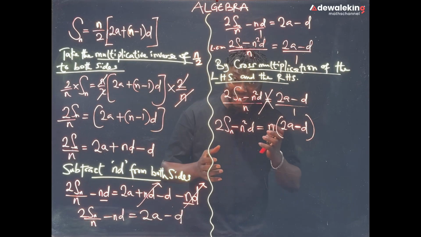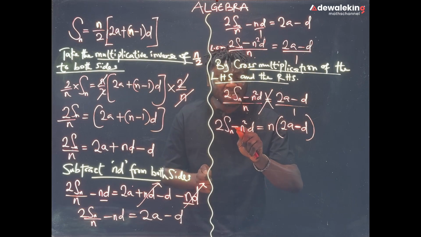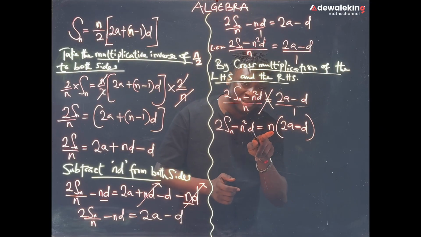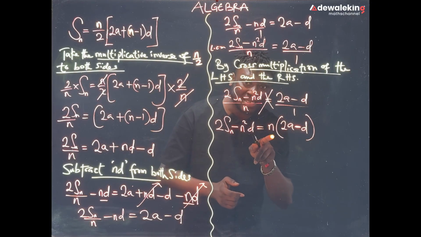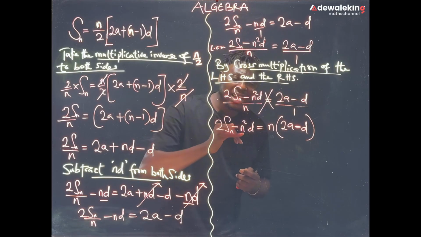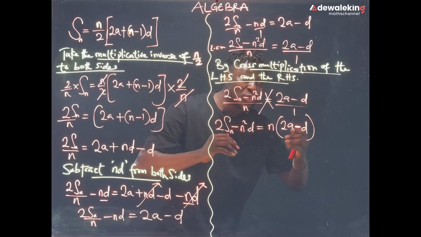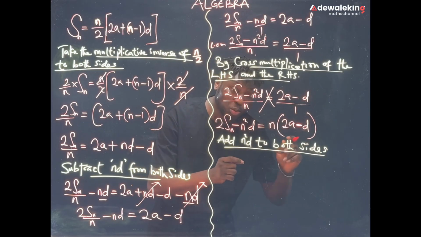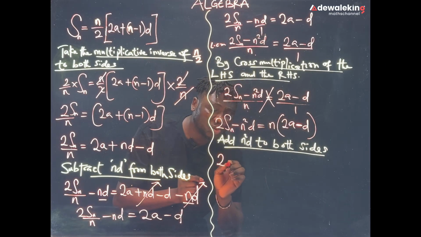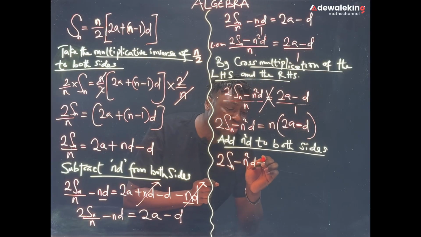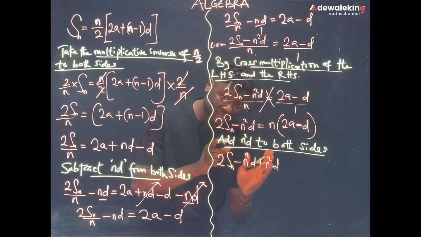So we need to start thinking on how to make this negative n squared d come to the right hand side. Why? Because we have n at the right hand side. So to do this, we have to add n squared d to both sides. So we add n squared d to both sides as 2S subscript n minus n squared d plus n squared d to this side.